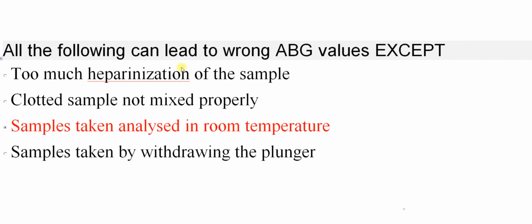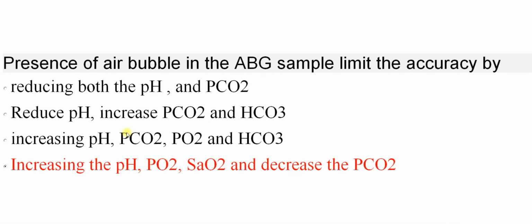All the following can lead to wrong ABG values except, answer is samples taken analyzed in room temperature. Presence of air bubble in the ABG sample limits the accuracy by, answer is increasing the pH, PO2, SaO2 and decreasing the PCO2.